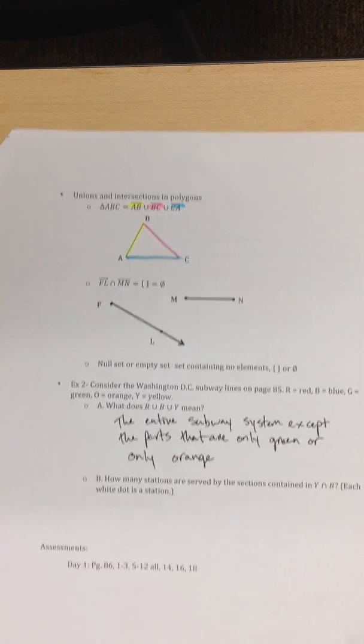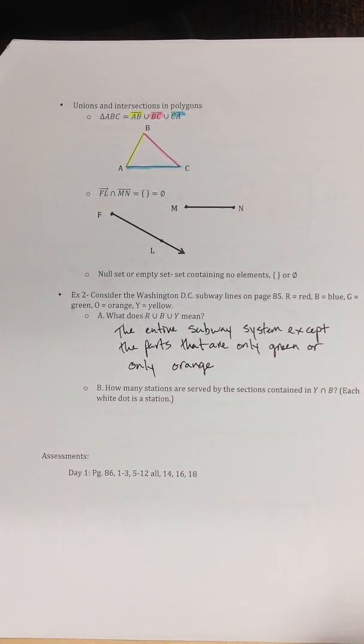Okay, so the next thing for B says, how many stations are served by the sections contained in the intersection of Y and B? The intersection of Y and B would be the crossing spots of the yellow and the blue. Each of the white dots is a station.